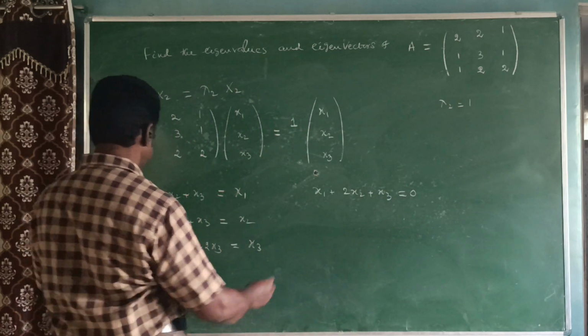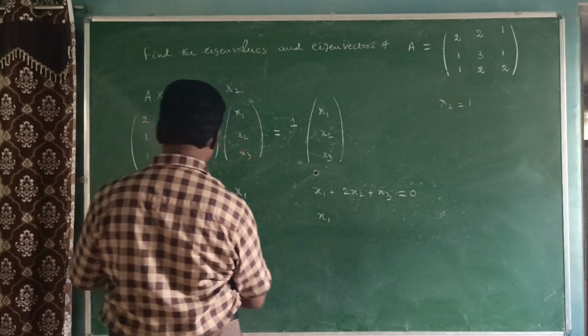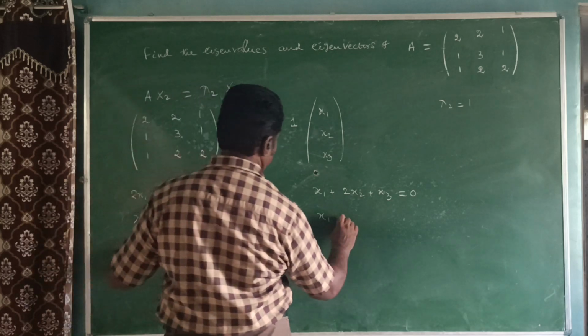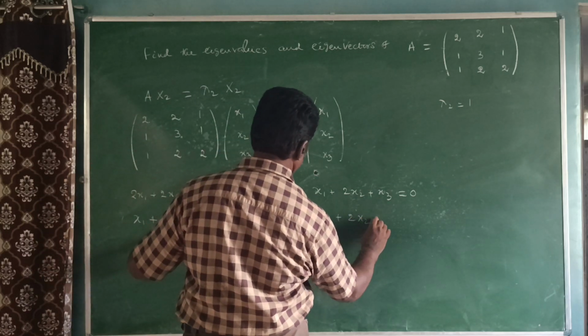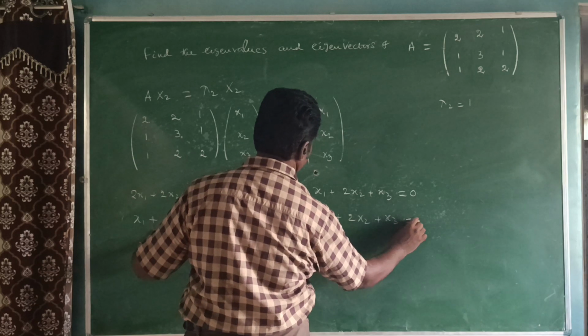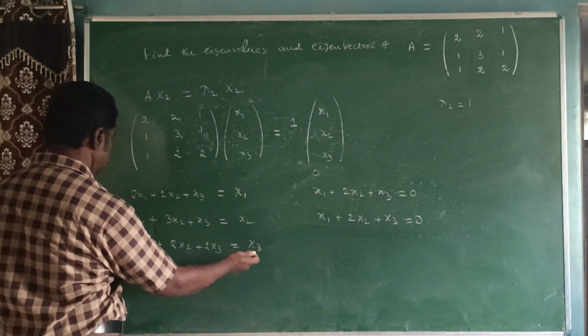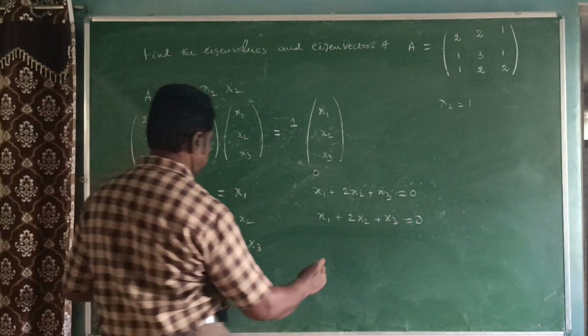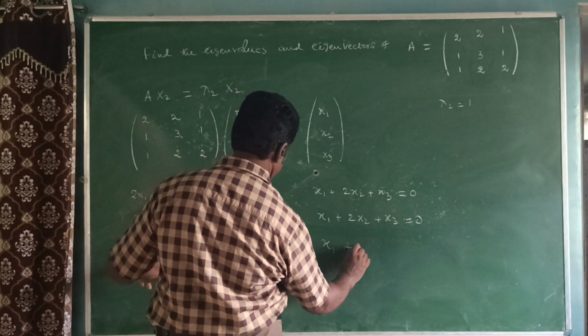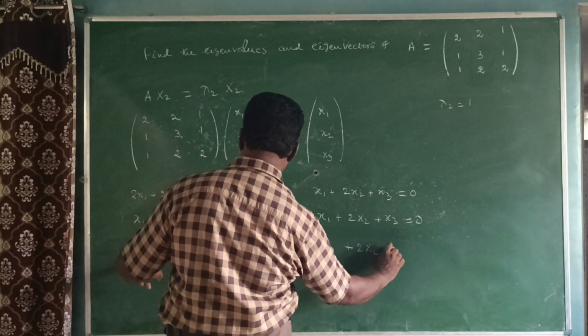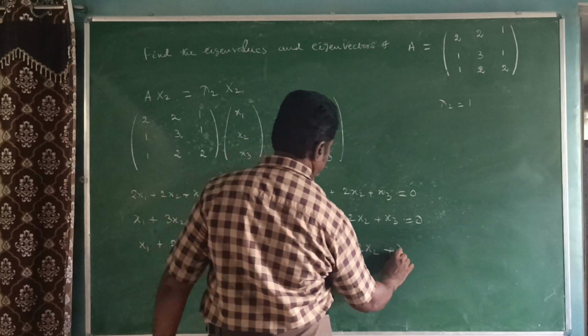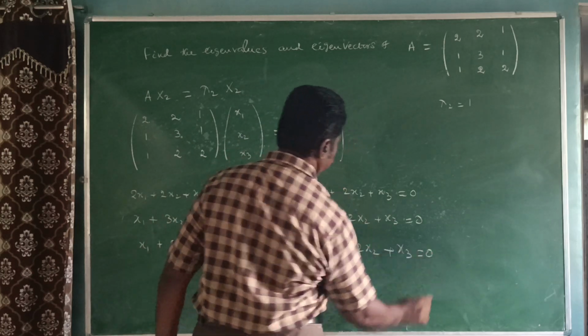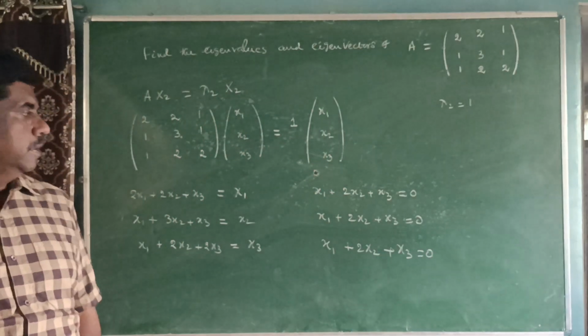From this equation, we can get x1 plus 2x2 plus x3 equal to 0. Same equation. If you bring this x3 to the left hand side, x1 plus 2x2 plus x3 equal to 0. We have the same equation.